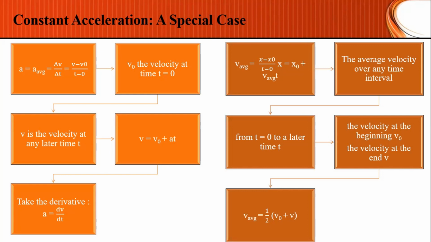The average velocity over any time interval, for example from t equals 0 to a later time t, is the average of the velocity at the beginning of the interval, v0, and the velocity at the end of the interval, v. For the interval from t equals 0 to the later time t, the average velocity is v average equals 1/2 (v0 plus v).